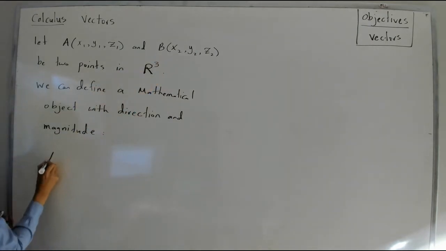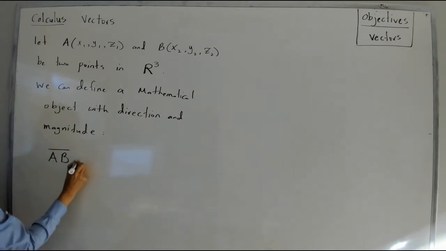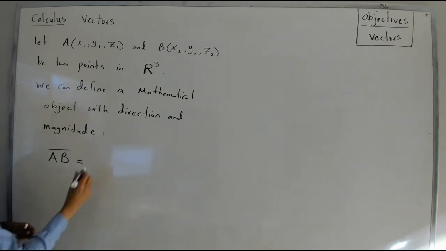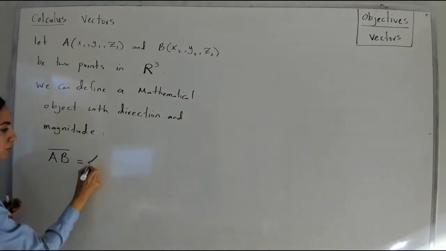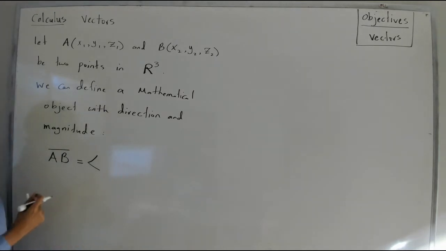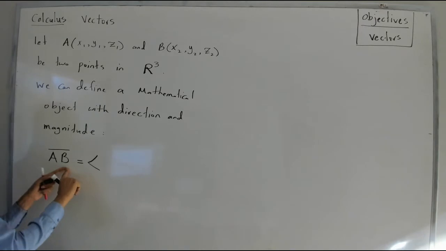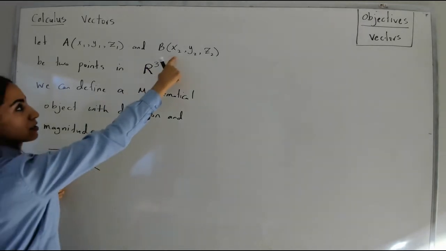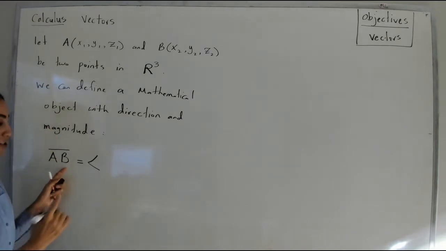We can construct this new mathematical object AB, which is defined as, well, instead of using parentheses, we're going to use a new set of symbols that represent this new object. Vector. The terminal point has x sub 2, y sub 2, z sub 2, so they come first.